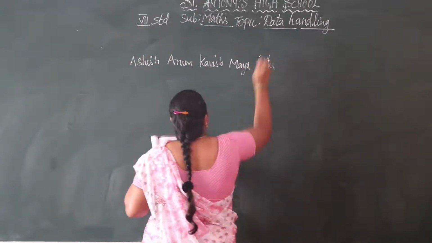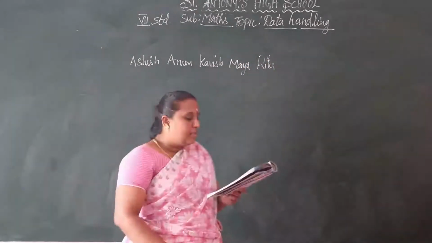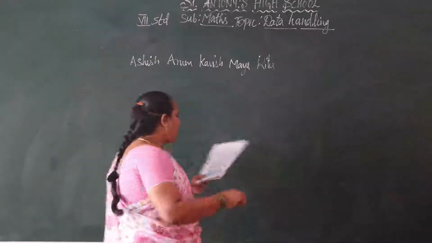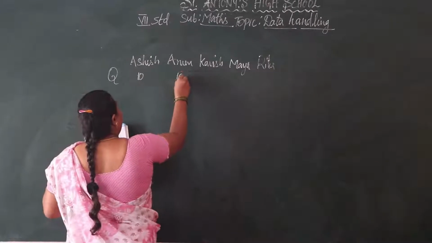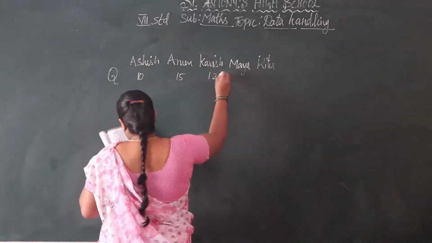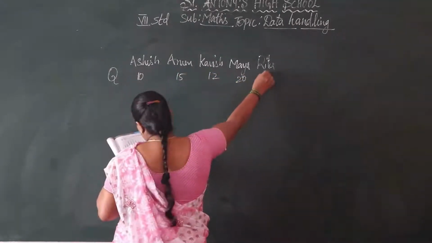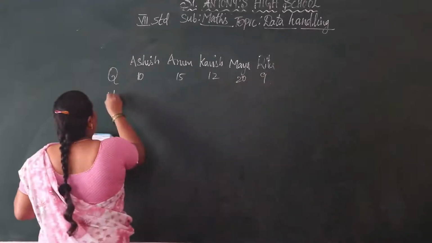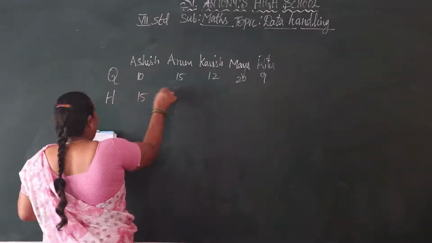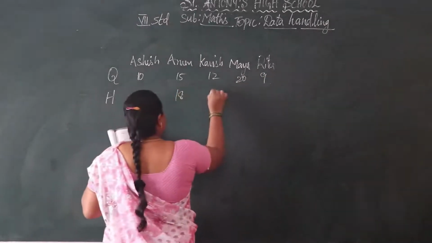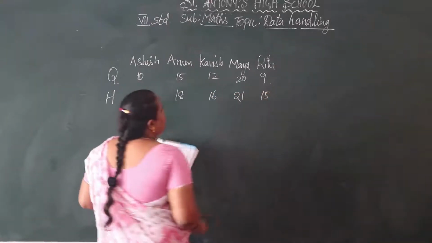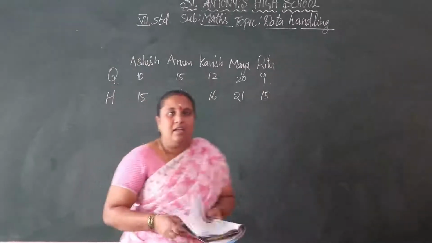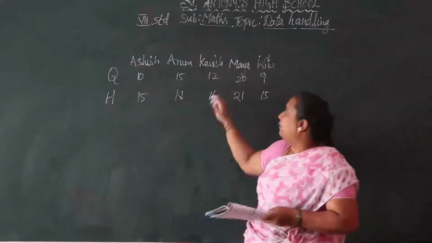So she is taking 5 students. In the quarterly test the students have 10, 15, 12, 20 and 9. In the half-yearly test they have 15, 18, 16, 21 and 15.